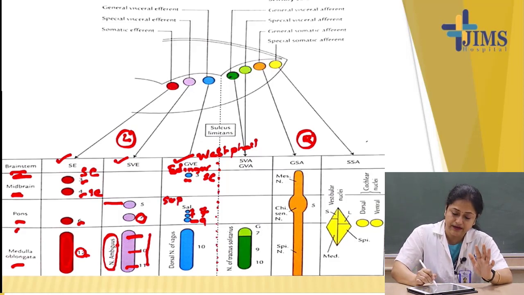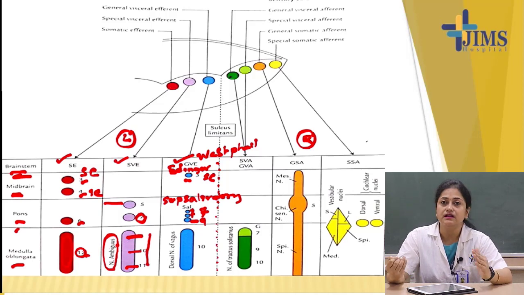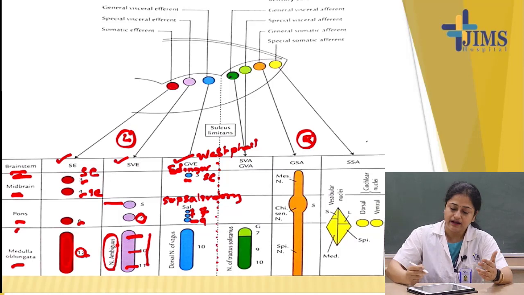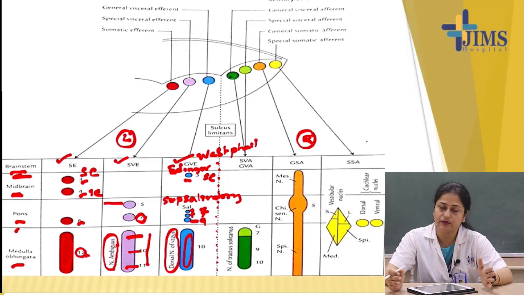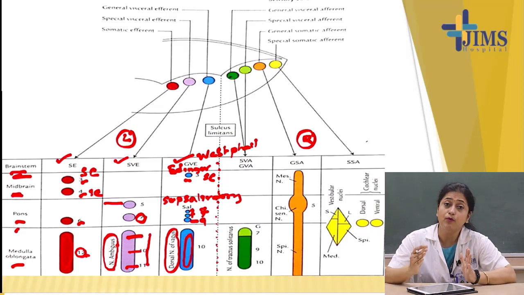It is concerned with the 7th nerve, and in the lower part of pons, the nucleus for the 9th nerve is called the inferior salivatory nucleus, and both are located in the lower part of the pons. Lastly, the 10th is an elongated nucleus, called the dorsal nucleus of the vagus nerve, which is situated longitudinally along the medulla. So this completes the motor component.